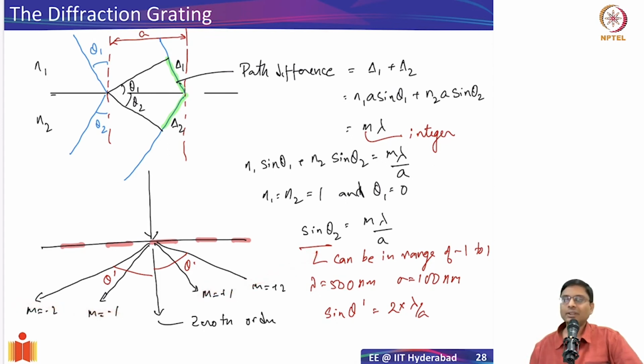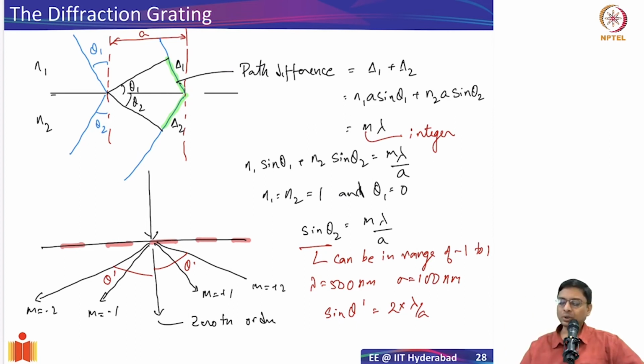So what you see is, in the 0th order, all the wavelengths will go in the same direction as the angle of incidence. When m equals 0, sin theta 1 equals sin theta 2, in the case of n1 equal to n2. That has to be valid. But the moment you have different m's allowed, each wavelength will disperse in a different direction.